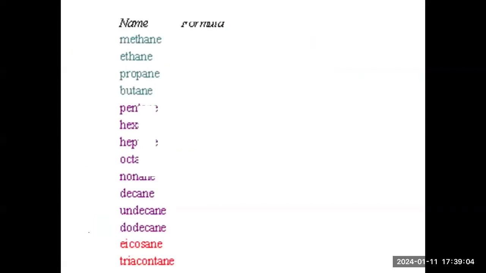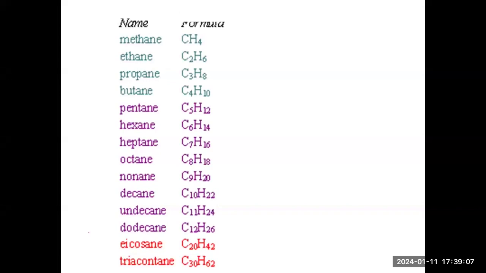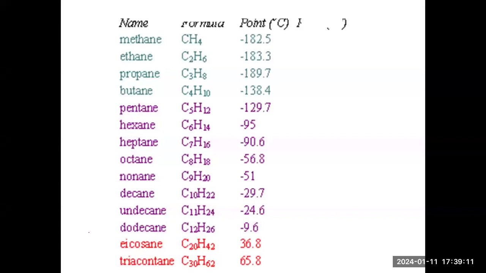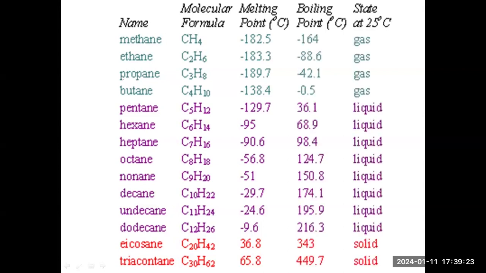All right. Now, this is the list of some common alkanes with their formula, their melting point and their boiling point. You need not memorize this. You just have to understand. It's just for your reference to see how the gradation in physical properties is seen.